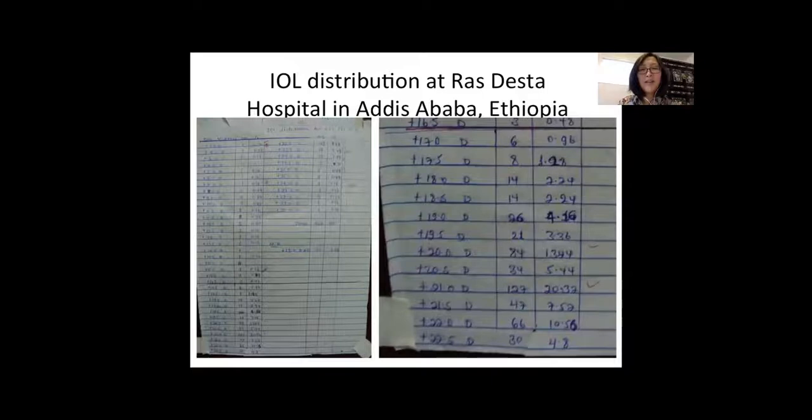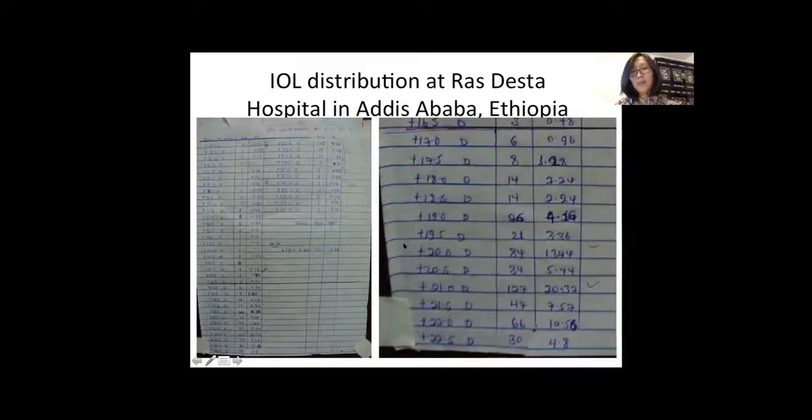I operate in Addis Ababa, at Ras Desta Hospital, a city hospital in the capital city. You can see here that over the last number of years, they've documented exactly what IOL powers they're putting in. The vast majority of them are right here, 20, 21, 21.5, but you can see they vary very widely.